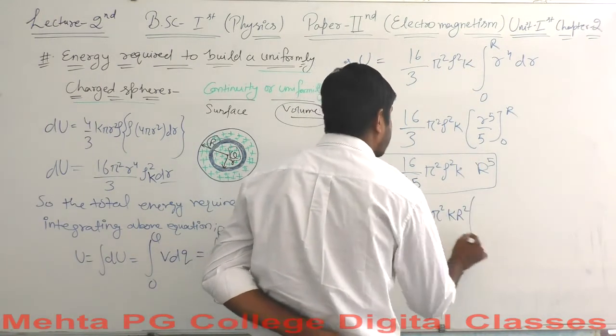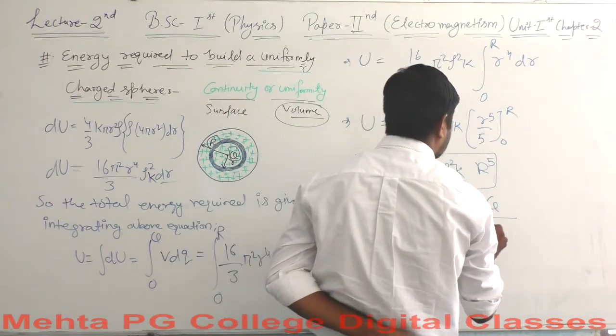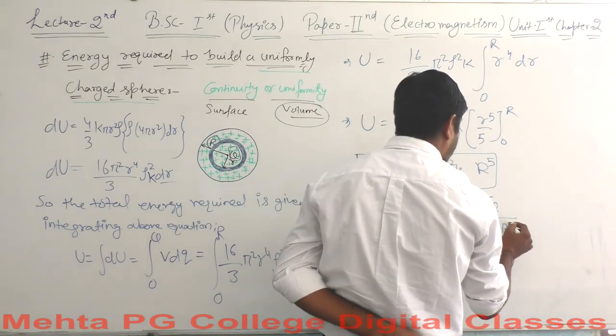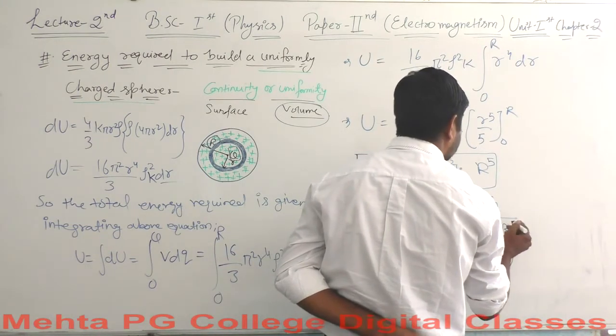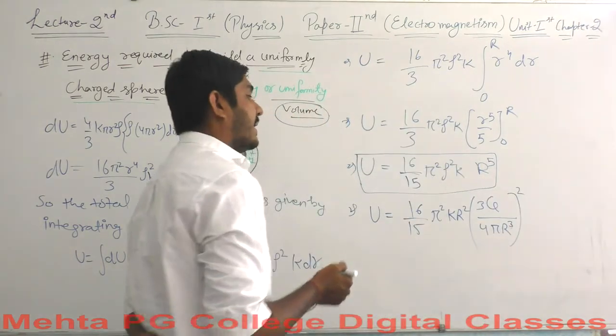k r². But what should be the value of ρ here? The value is capital Q over 4π r³, and this whole thing should be squared. Okay.